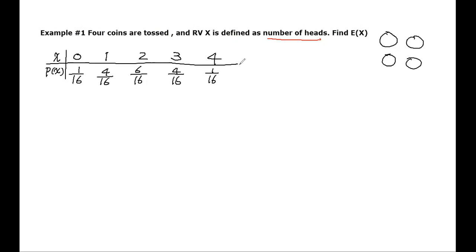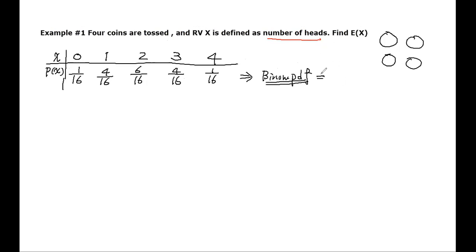Okay, and then one question you may ask: how did you get those probabilities? I use the binomial PDF. Why binomial PDF? Because these are binomial trials, right?